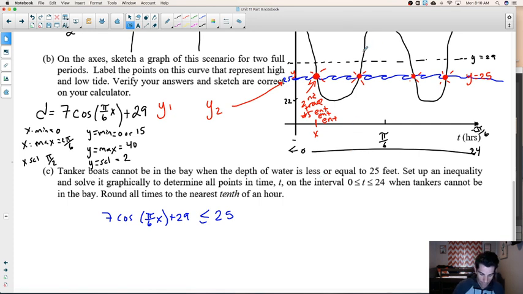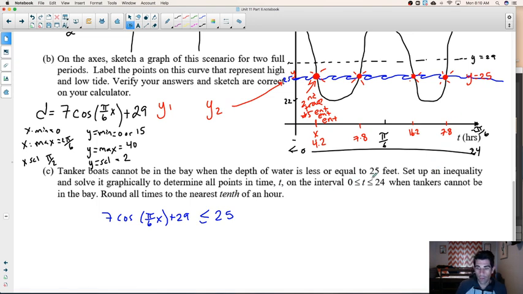So if you were looking at that, right here would have been 4.2. Right here would have been 7.8. Right here would have been 16.2. And right there would have been 7.8. Okay?